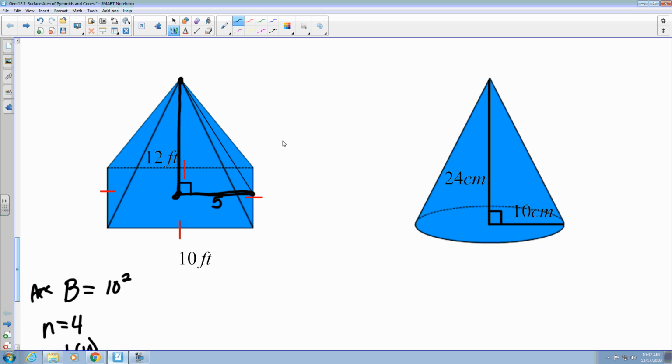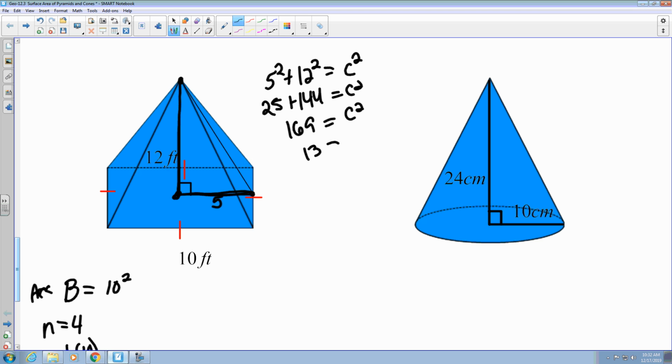So now I can say that 5 squared, which is 25, plus 12 squared, which is 144, is equal to c squared. So 25 plus 144 is equal to c squared. 169 is equal to c squared. That means my slant height is 13 when you take the square root of both sides. So this right here is 13.